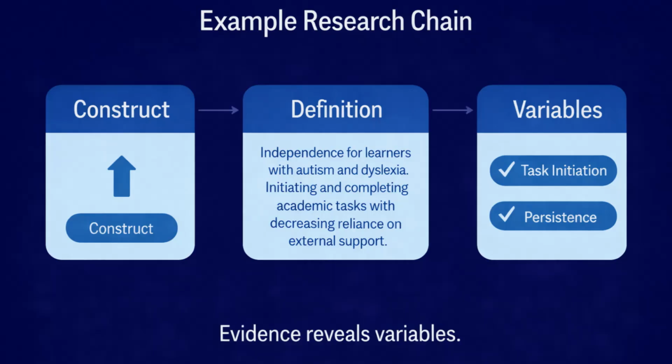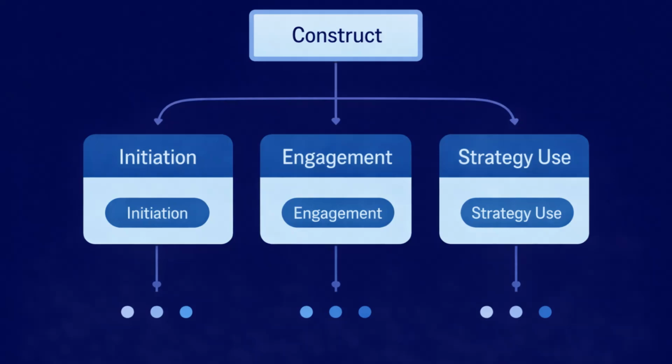Here is an example of a well-aligned chain. Suppose the construct is independence for learners with autism and dyslexia. In this study, independence is defined, based on prior literature, as the ability to initiate and complete academic tasks with decreasing reliance on external support. This construct includes task initiation, sustained engagement, and autonomous strategy use.